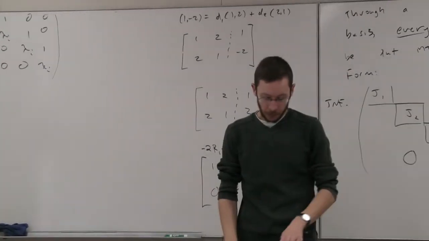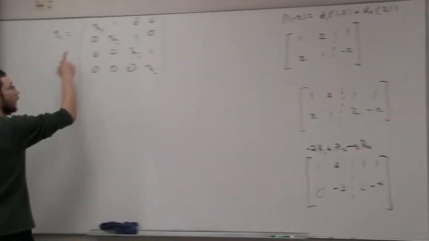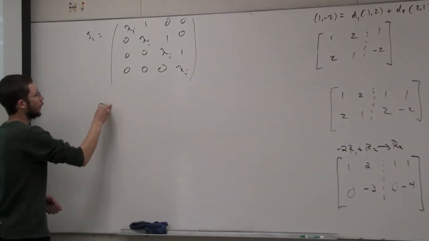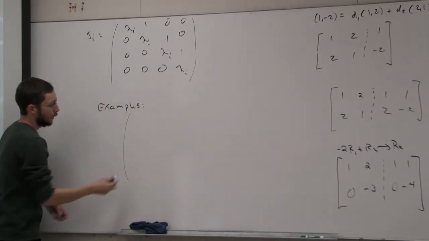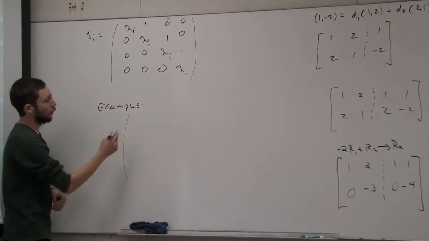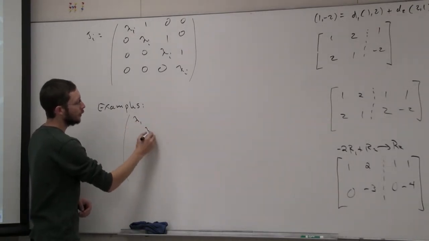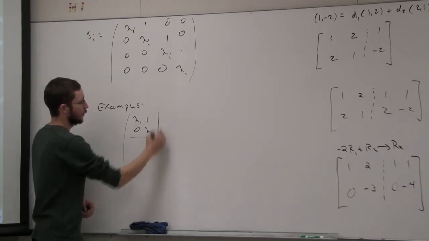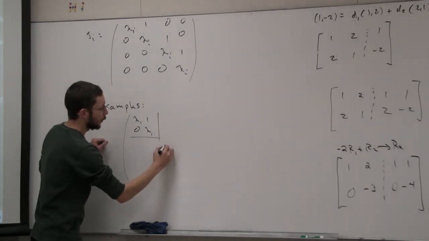So a typical Jordan form is a collection of these block matrices. Just a couple simple examples. You might have a matrix whose Jordan form has 2 Jordan blocks, lambda 1 repeated twice, and lambda 2 repeated twice.